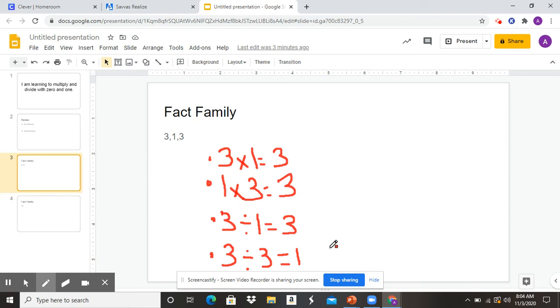Let's check that out. If I did 3 groups, 1, 2, 3, because remember my divisor is the number of groups I have, and then I distribute that 3, that's 1, 2, and 3. How many do I have in each of those groups? That's 1. So that does check out.